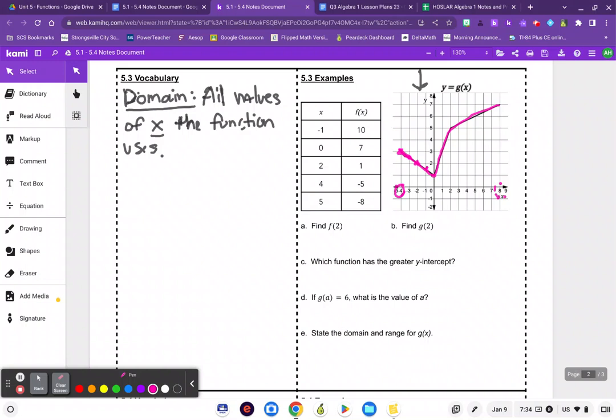And so instead of listing, because I cannot list every single number between -4 and 8, if I'm thinking about every decimal that gets used, we write this inequality. And the inequality that we use looks like this. So it's going to be some number less than or equal to x less than or equal to some number.